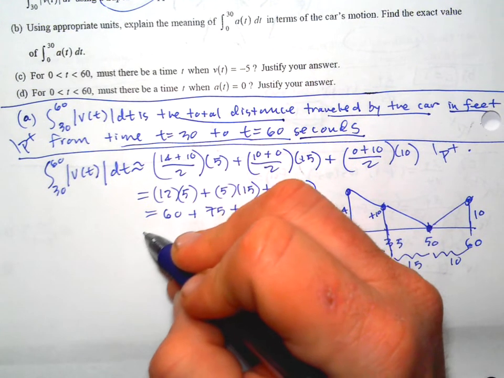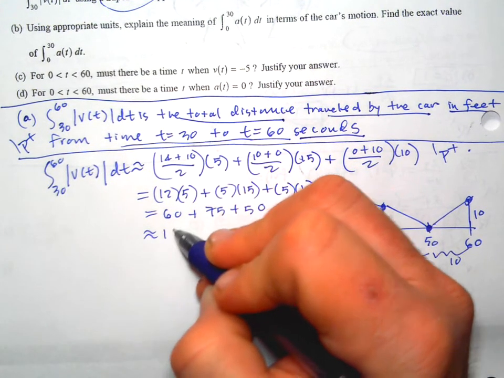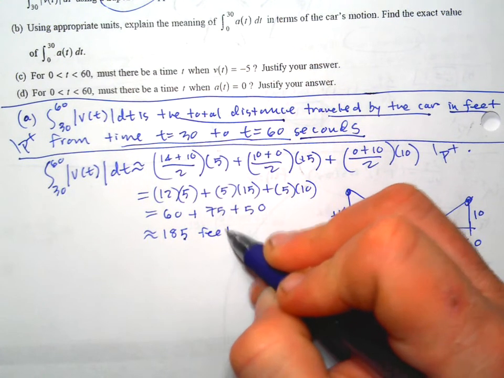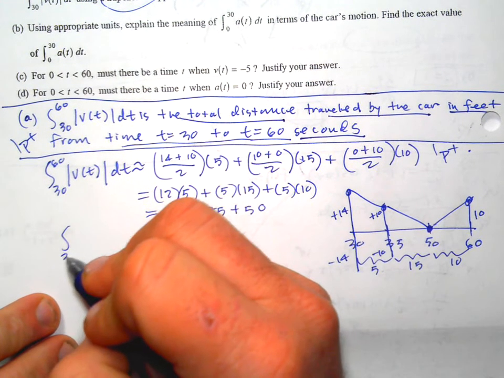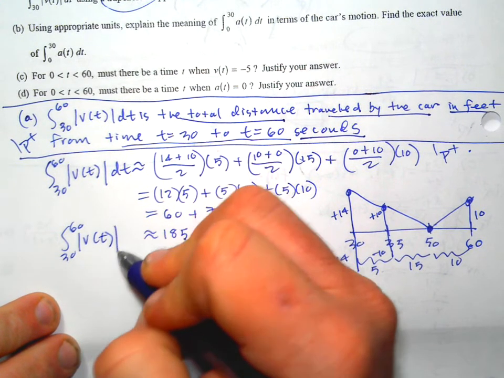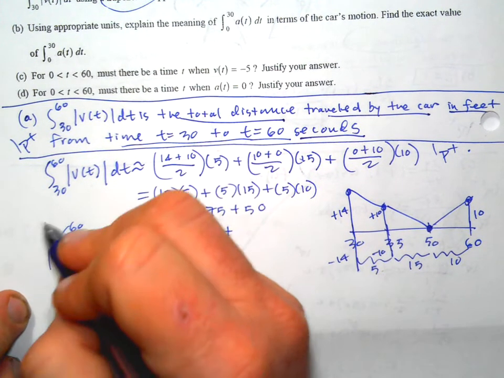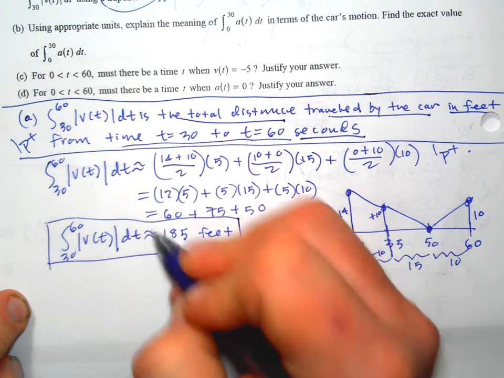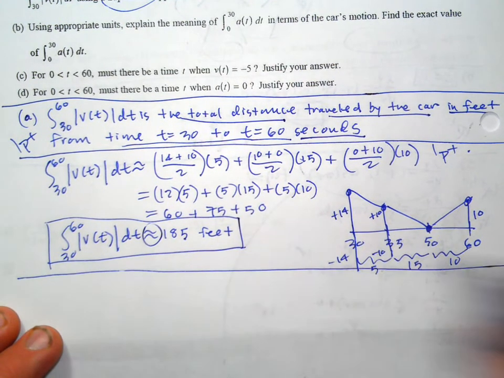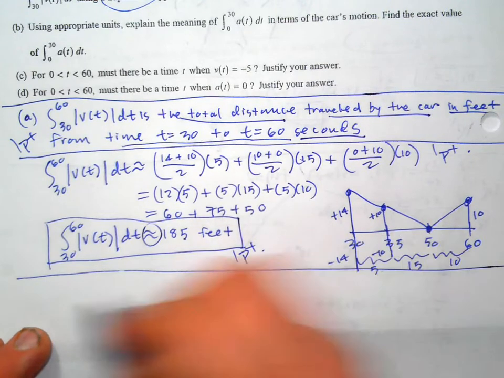So we're going to get 110, 185. The units are feet. It's total distance. I like to really label my answers. And it'd be very appropriate to use this wavy equal sign because it's an approximation. So that's probably worth a point there. So that's just part A.